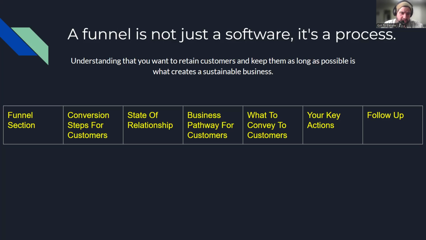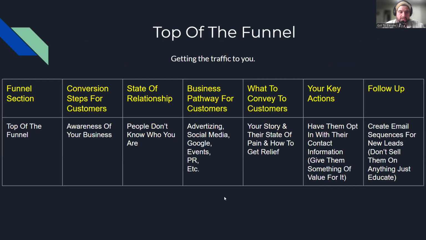So obviously there is the funnel section, the conversion steps for your customers, what state of relationship they're in at that moment with you or your business, and also what the pathway looks like for those customers at that time, what you need to convey to your customers, and your key actions to make sure that everything goes smoothly, with the follow-ups to make sure you lock them in and have continuous contact with them.